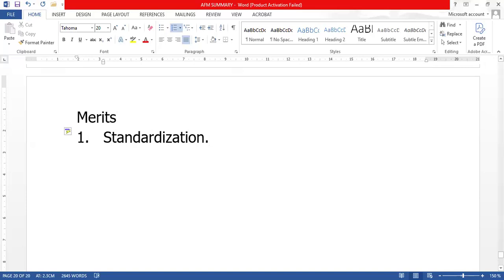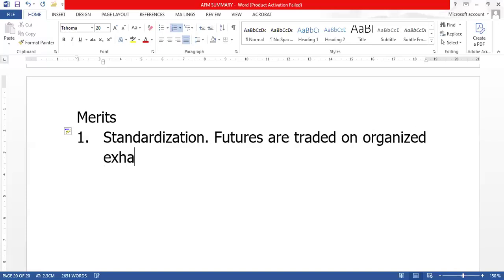Okay, so take note that futures are traded on organized exchanges. What does that one mean? It means that there will be transparency in terms of the prices.